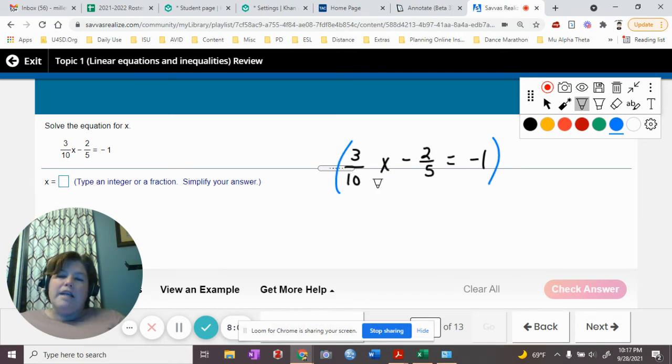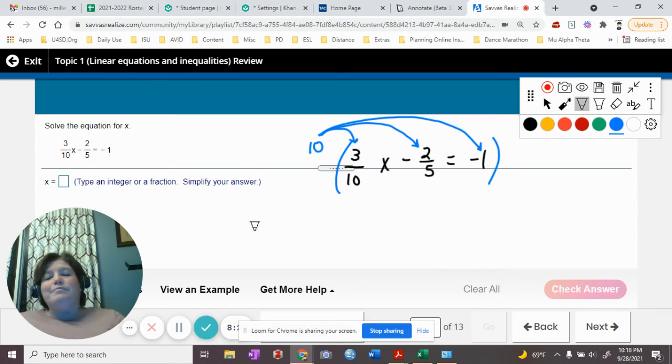I look at my denominators, 10 and 5. 10 is a number that is divisible by 10 and by 5. So what I'm going to do is distribute to my numerators and across the equal sign. So I keep my balance.